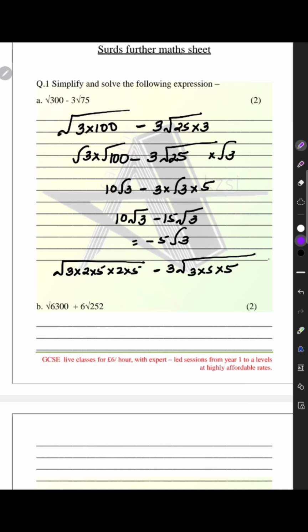Taking out the pair, that means 5 and 5 one pair, write 5 out there, 2 and 2, write 2 out there, and the unpaired one remains inside the root, which is root 3, minus 3 times 5 root 3. So this is 10 root 3 minus 15 root 3. The answer is minus 5 root 3. You can opt for any of these methods.